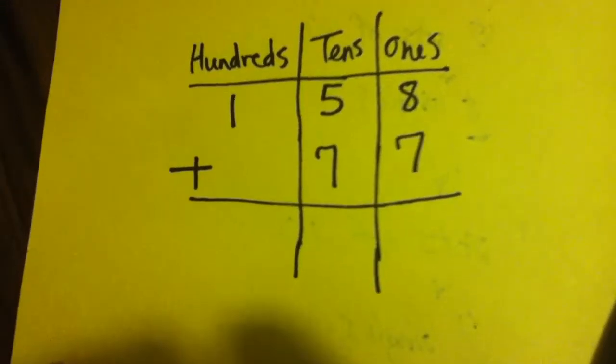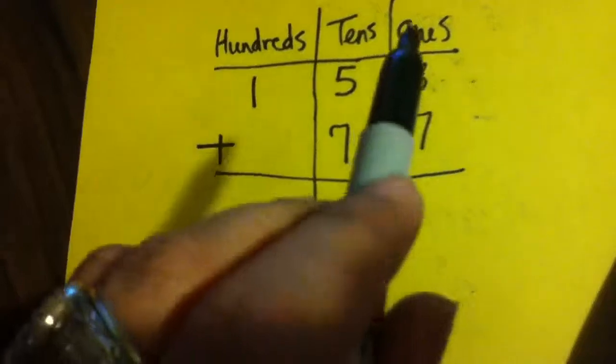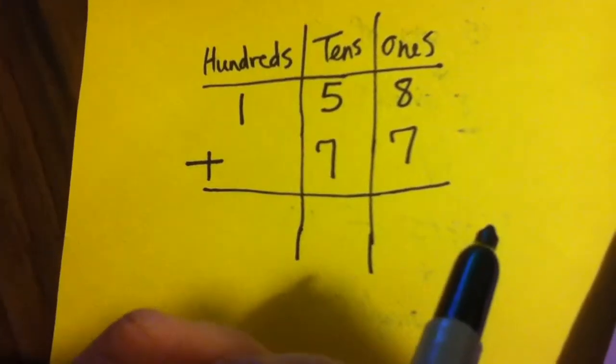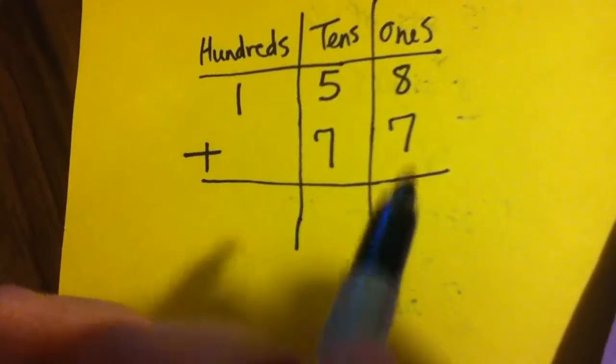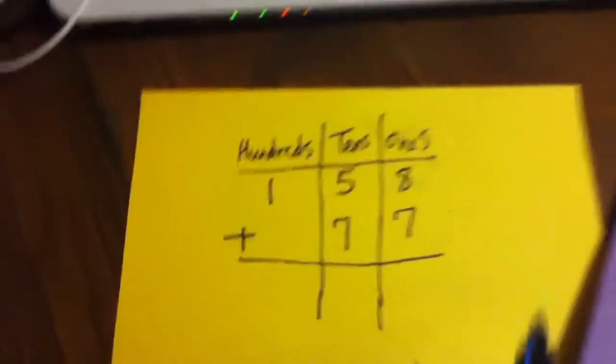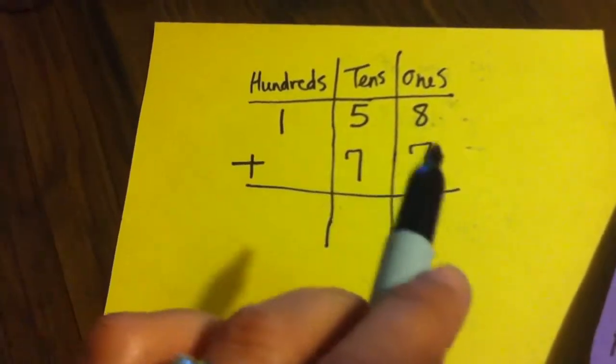So the important thing about the place value approach is to make sure that everything is lined up in its correct place value so that we can keep our numbers straight and remember how many we have of each place. So we can see, like I said, that we have our hundreds, our tens, and our ones columns.